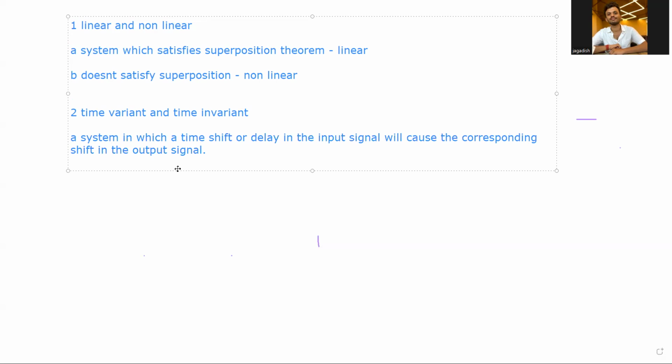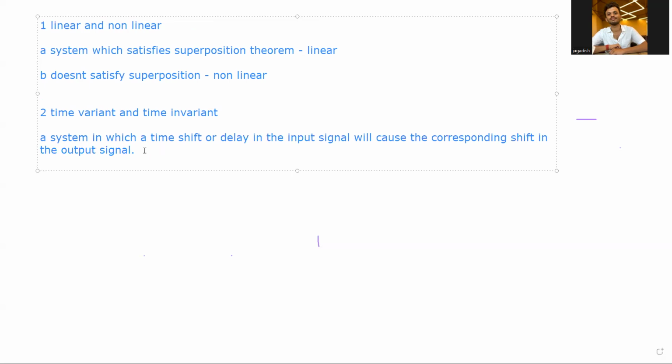So if I change my input signal, the output signal also gets changed. That is the meaning of a time invariant system. If it doesn't change, then you will call it a time variant system. So this is time invariant and time variant.